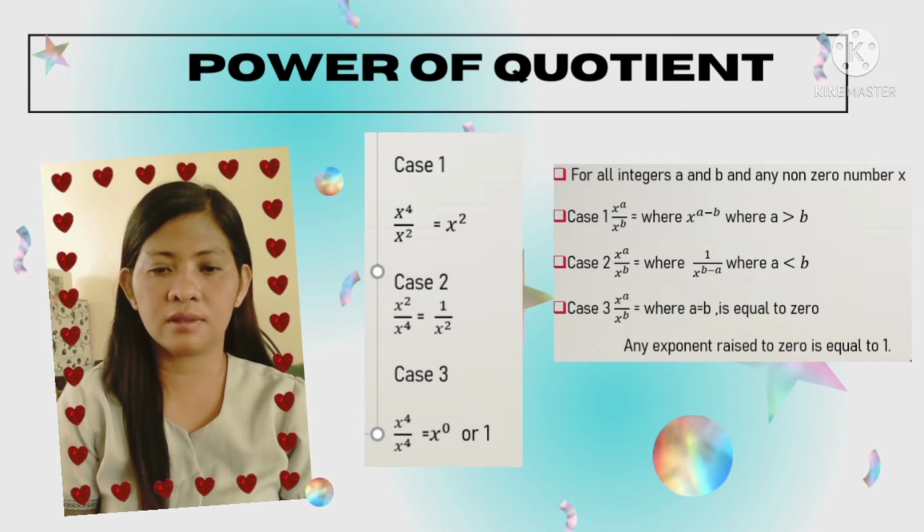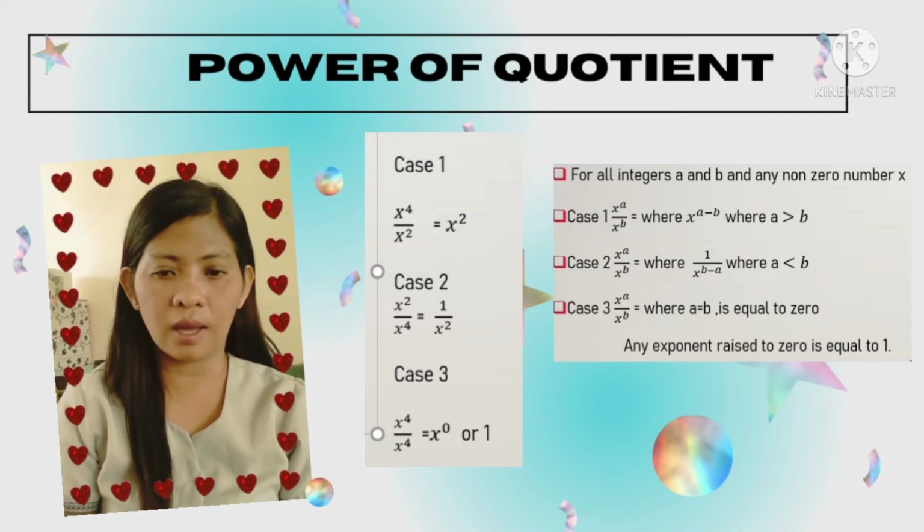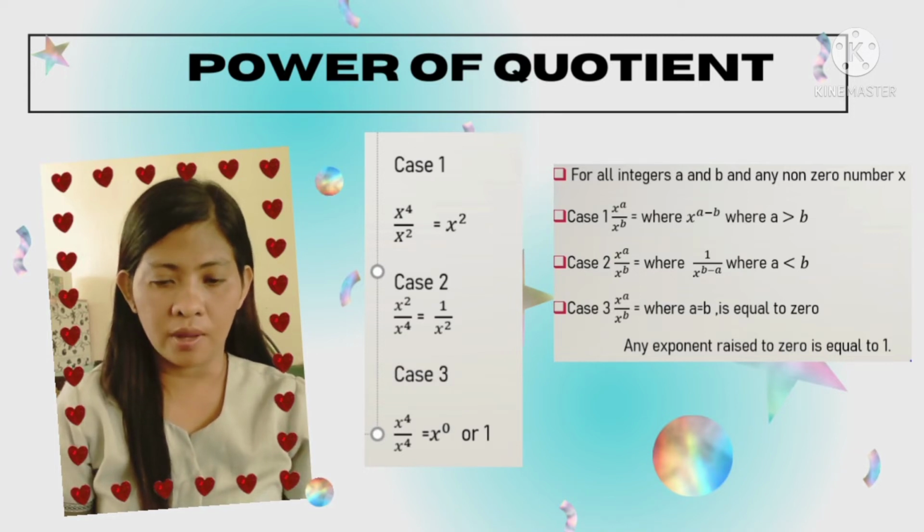Next case, number 3. x raised to the 4th power over x raised to the 4th power is equal to x raised to the 0 power. As you can see in this situation, class, the exponent of the numerator and the exponent of the denominator are the same. So 4 minus 4 is equal to 0.